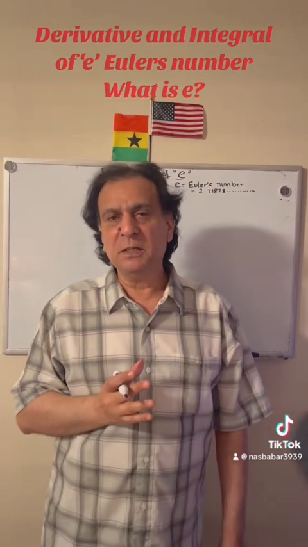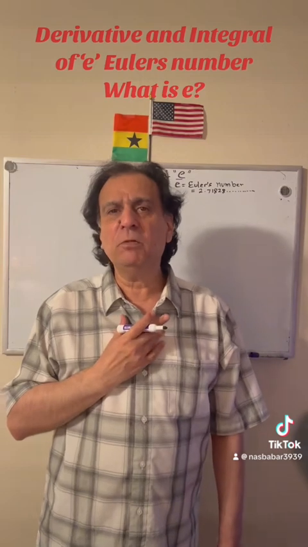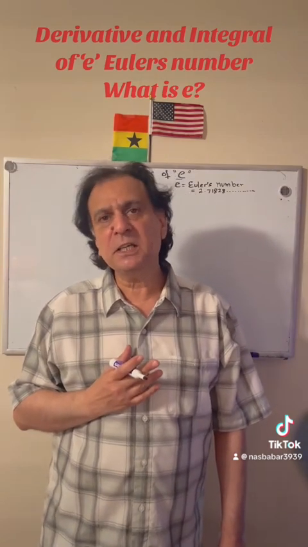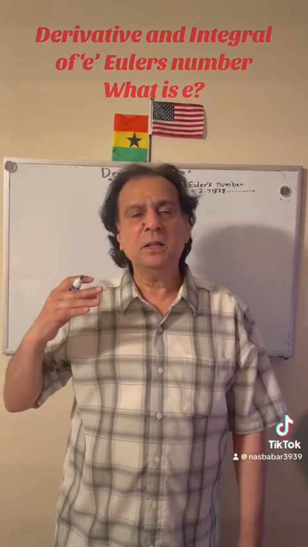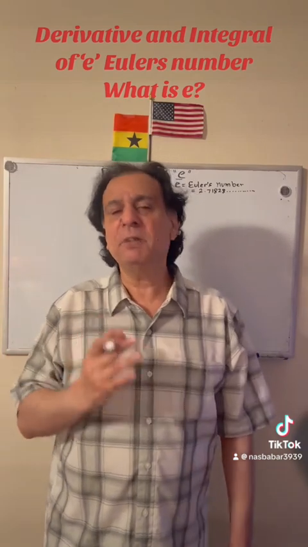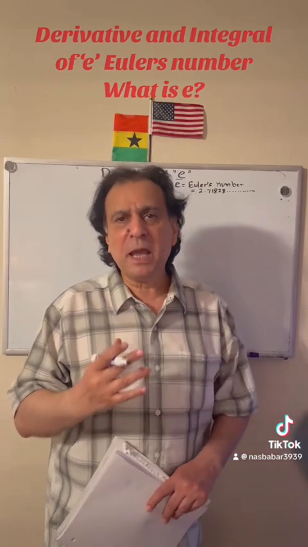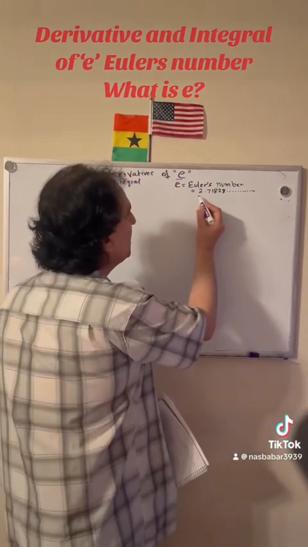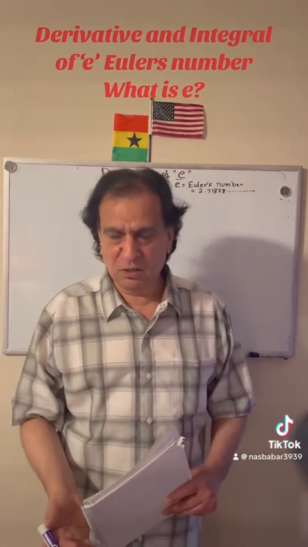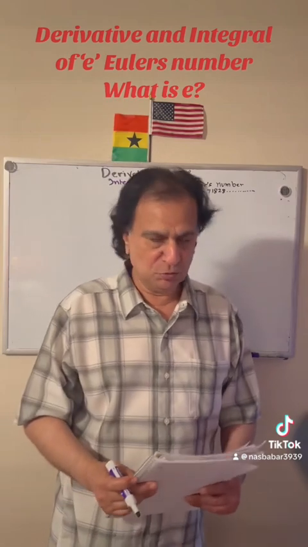When I was in my calculus class, my professor just started taking integrals and derivatives of e, never really explained the background, how this number came into existence. So I studied it, and I would like to share that with you, okay?